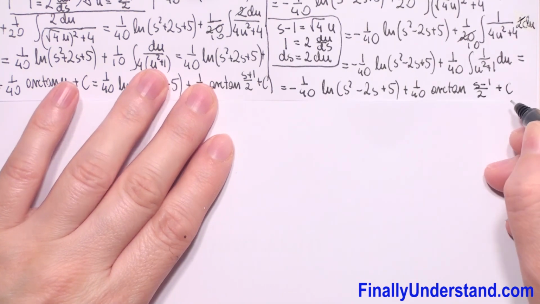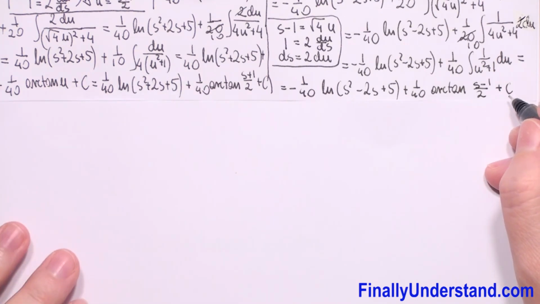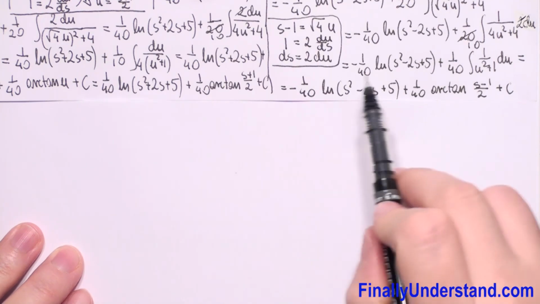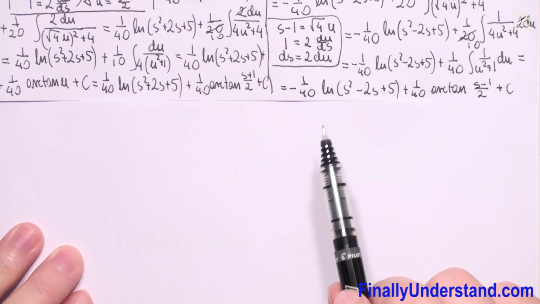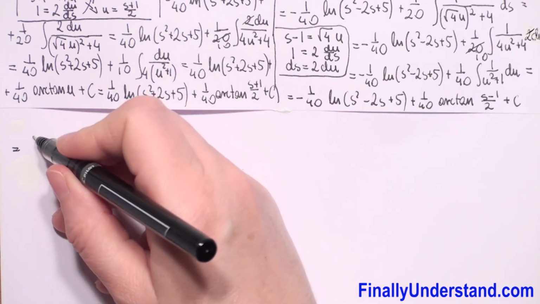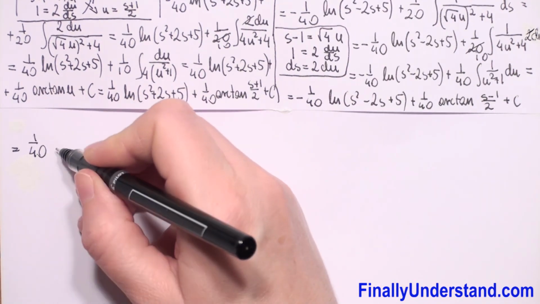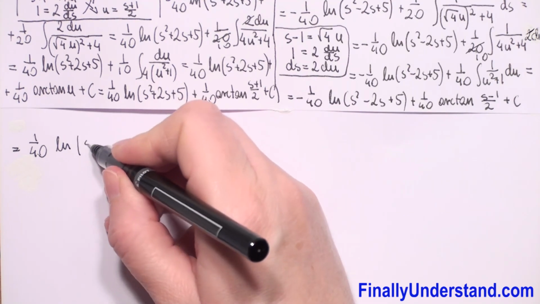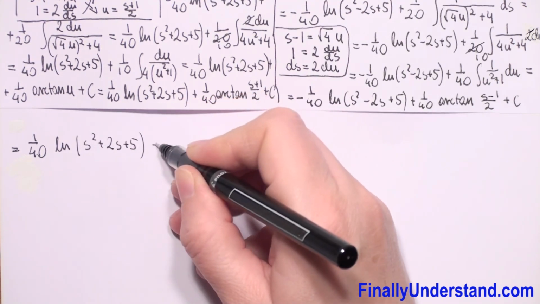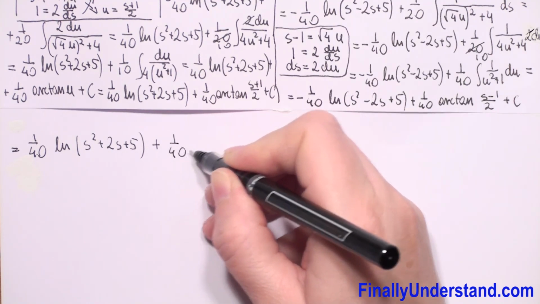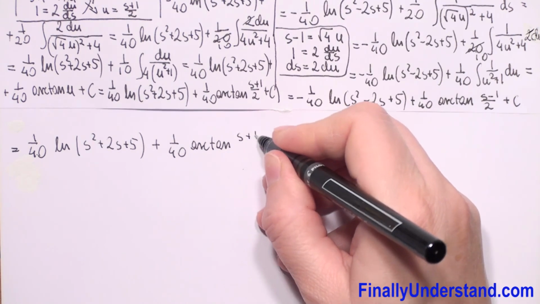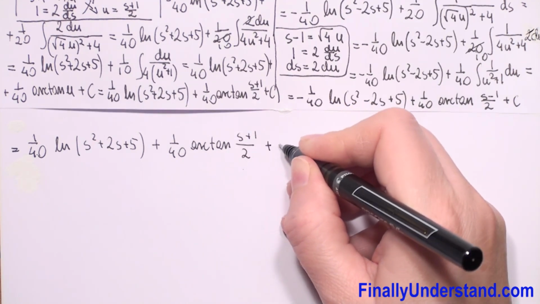So now we can rewrite our solution and put these two together. The solution for the first integral is 1 over 40 natural logarithm of s squared plus 2s plus 5, plus 1 over 40 arctangent of (s plus 1) over 2, plus a constant.